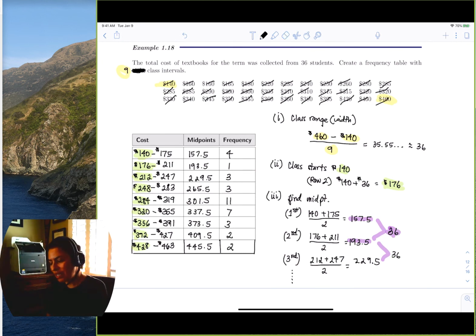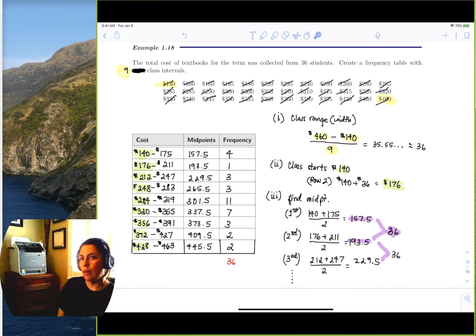Okay, and then once again, if you wanted to make sure, you could add up all these frequencies here and make sure that the total is 36 for 36 students. So 4 plus 1 is 5, plus 6 is 11, 22, 29, 32, 34, and 36.